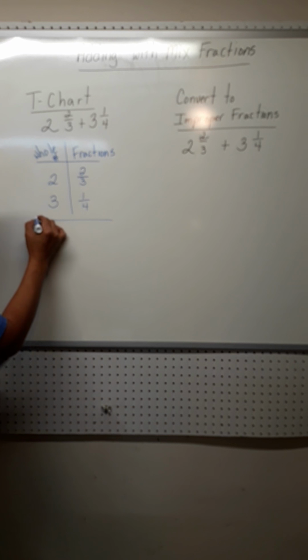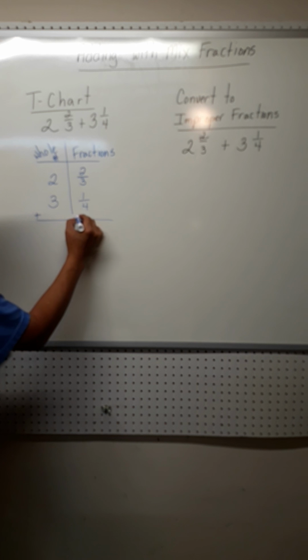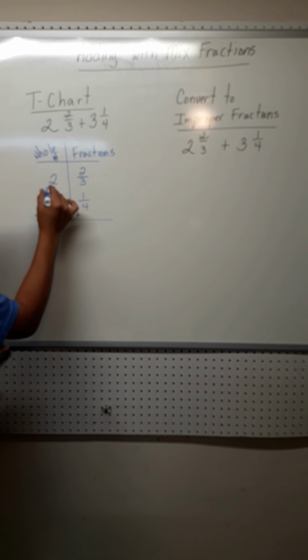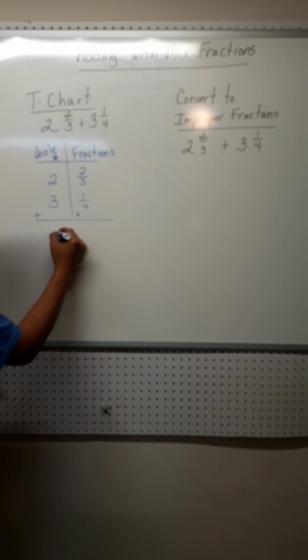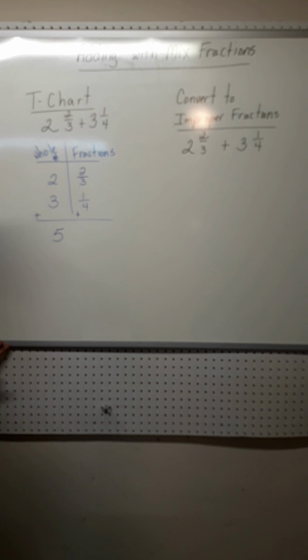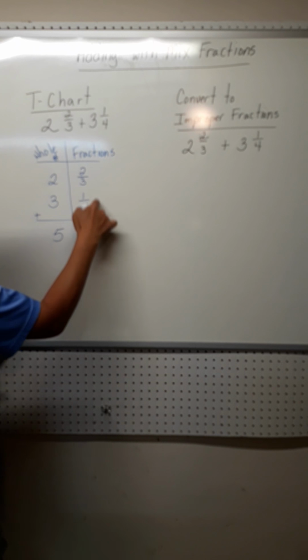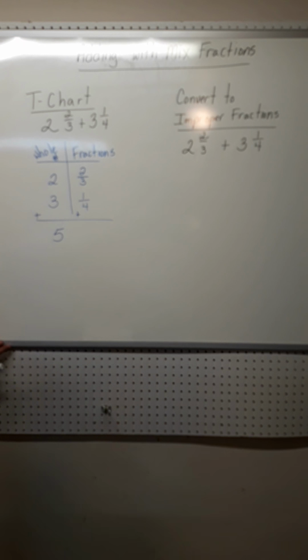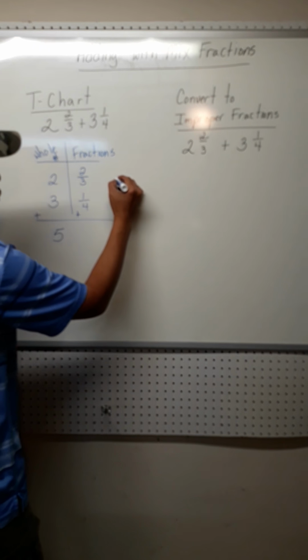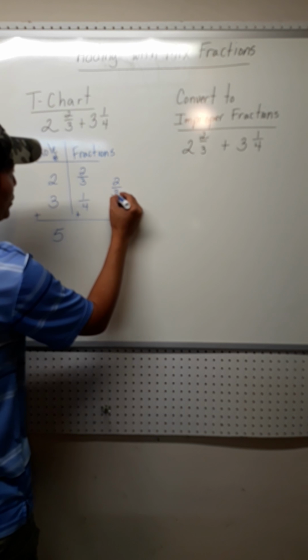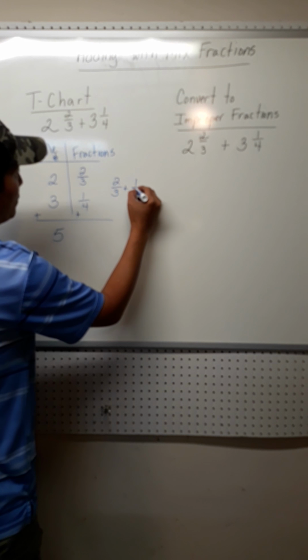Now I'm going to add both columns up. Well, this is fairly simple for the whole numbers, 2 plus 3 is 5. For the fractions, we must follow the rules for fractions. We can't add fractions just as 2/3 plus 1/4.